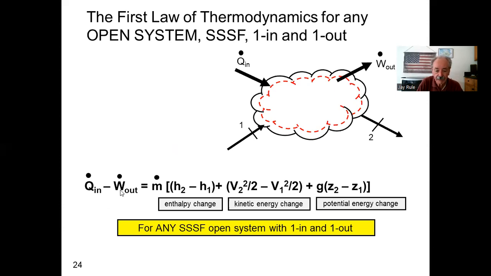Q dot in minus W dot out equals m dot times a bunch of stuff. And that bunch of stuff is the quantity enthalpy change plus kinetic energy change plus potential energy change. If you haven't got it committed to memory, at least you can kind of remember these words.